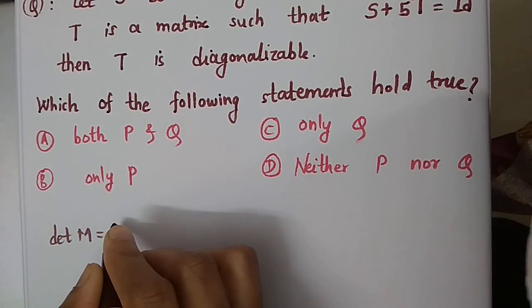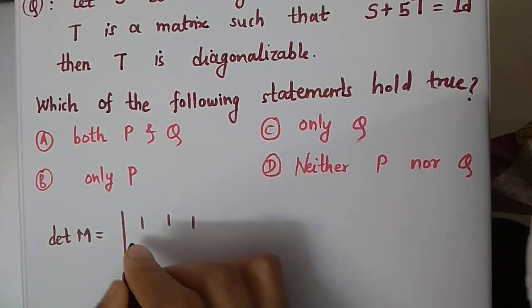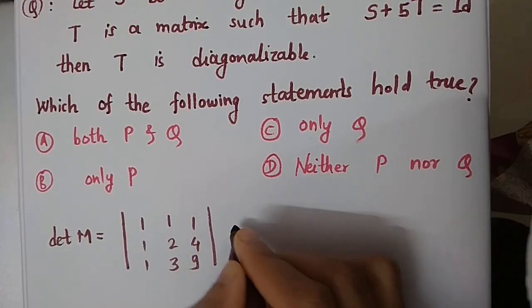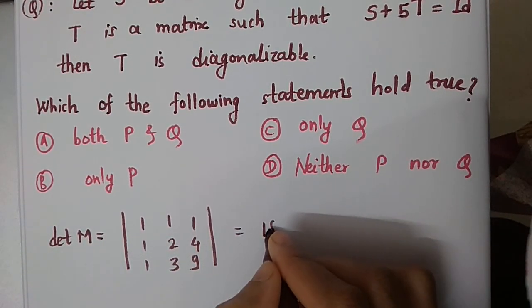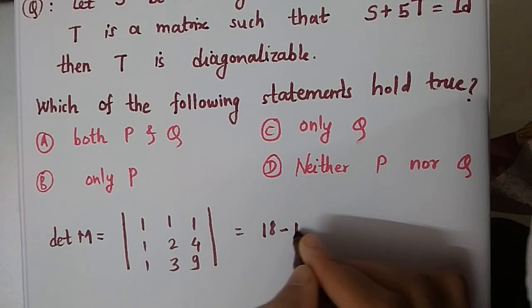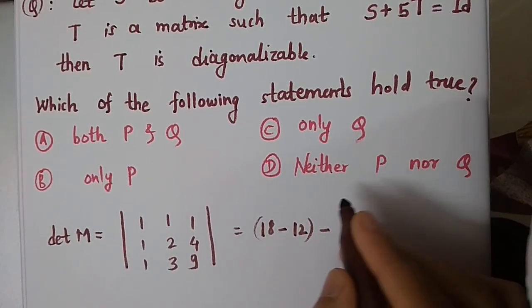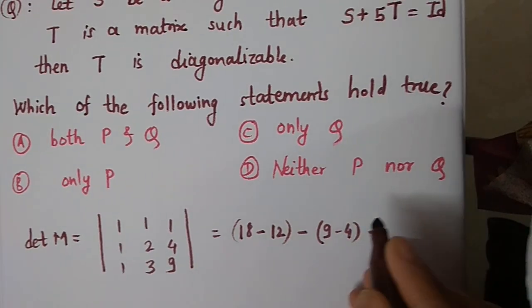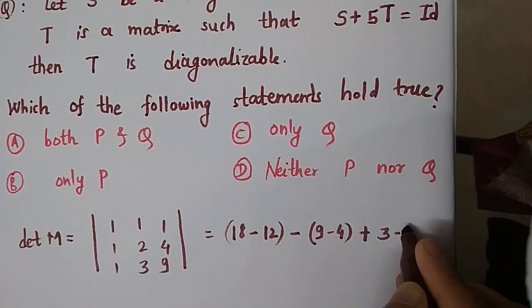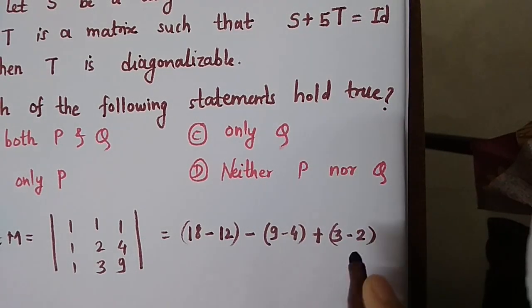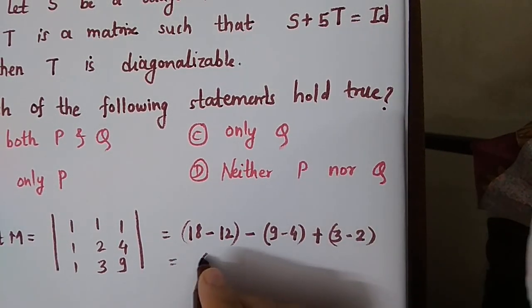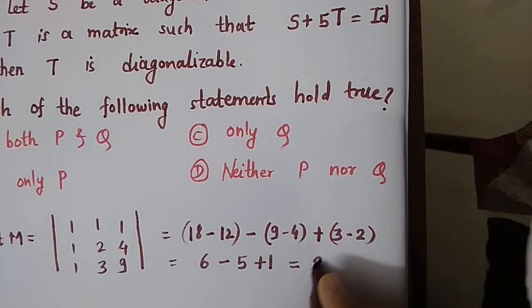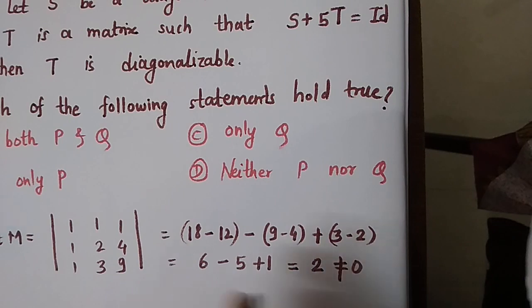is equal to the determinant of 1, 1, 1, 1, 2, 4, 1, 3, 9, which is equal to 6 minus 5 plus 1, which is 2, which is not 0.